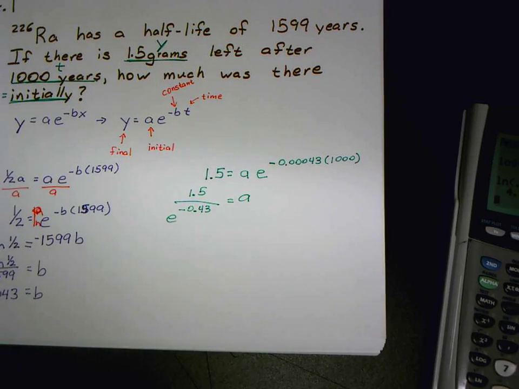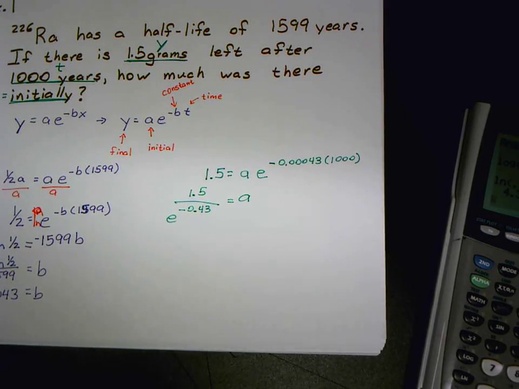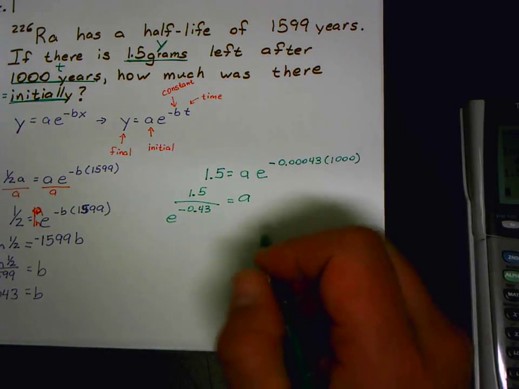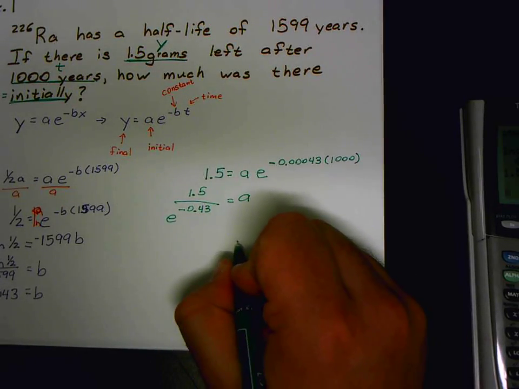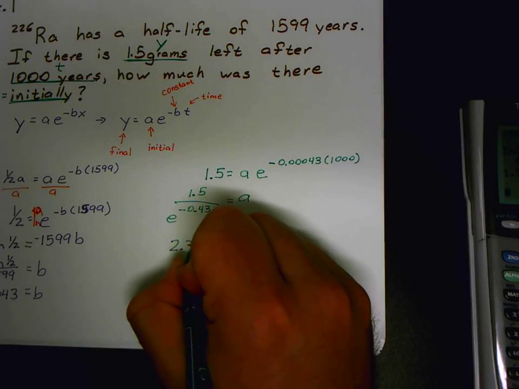Or sorry, 3 places, not 4. So 1.5 divided by e to the negative 0.43. So A is 2.3 grams.